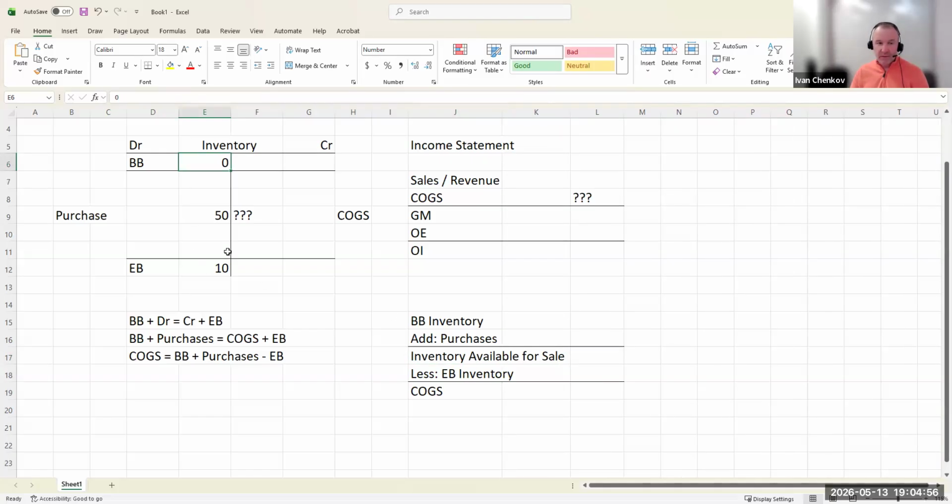Well, very simple. Imagine this. Let's put some formula here. That will be equal to beginning balance plus purchases minus the ending balance. So imagine this. You have in your pocket $50.